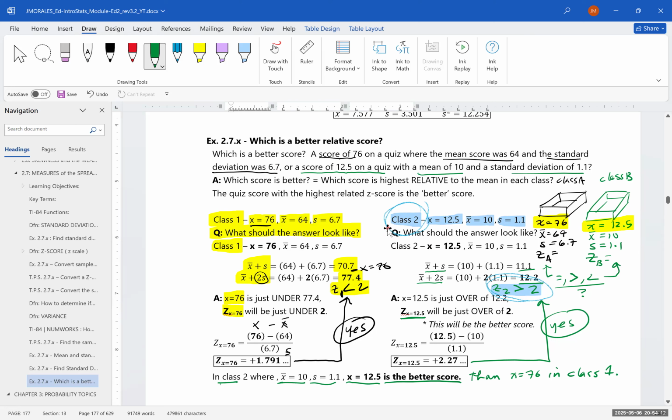And you would think, well, we can't directly compare them because they're two different scales. But if we convert them both into the same scale, now we can compare them. So by putting them both in a unitless scale, a z-score scale, now they can be compared. And the student's score of 12.5 is actually greater relative to their own classmates. All right, let me know if you have any questions.